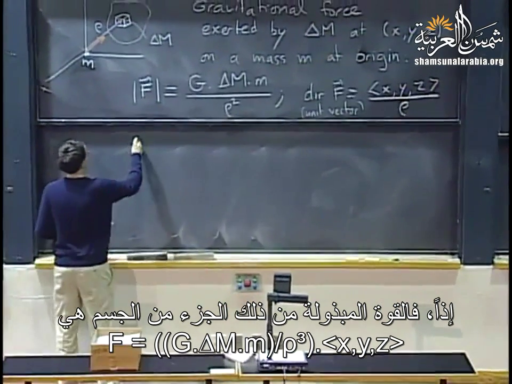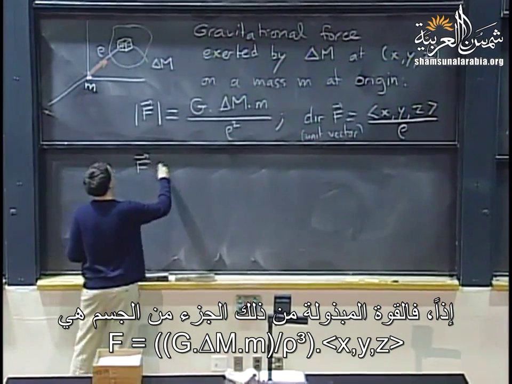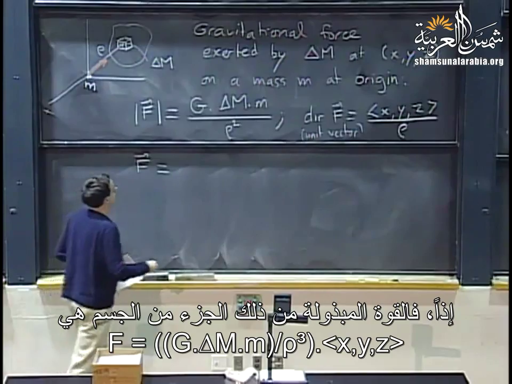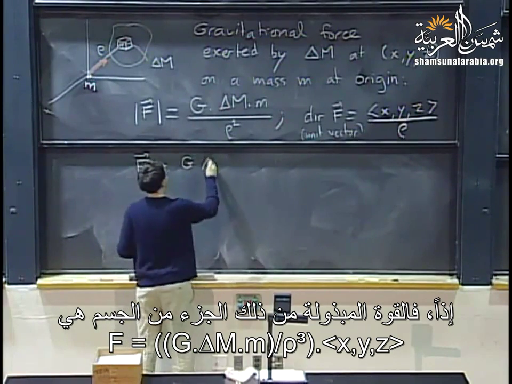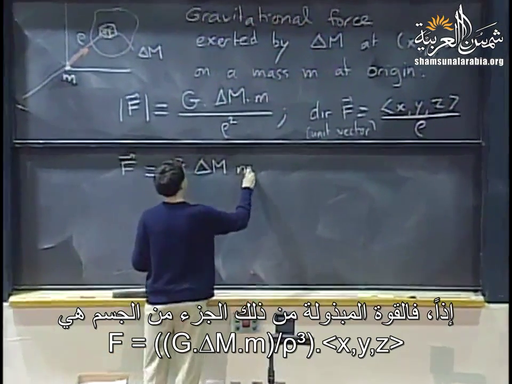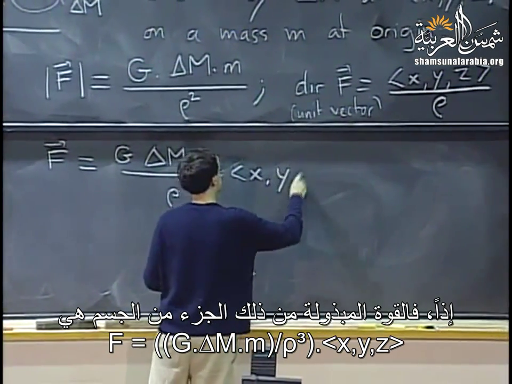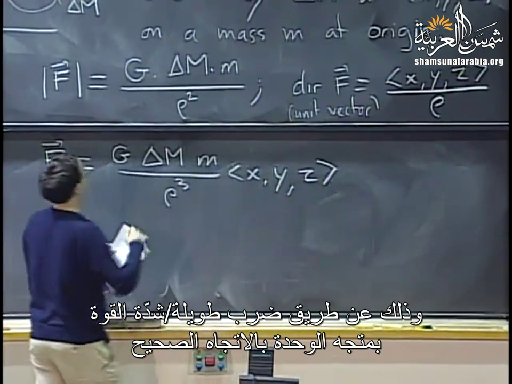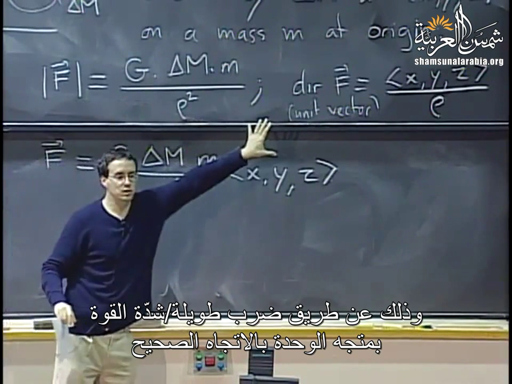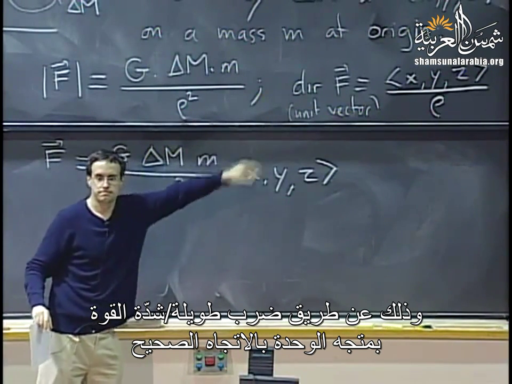So that means that the force I'm getting from this guy is actually going to be G delta m, m over rho cubed times x, y, z. I'm just multiplying the magnitude by the unit vector in the correct direction.